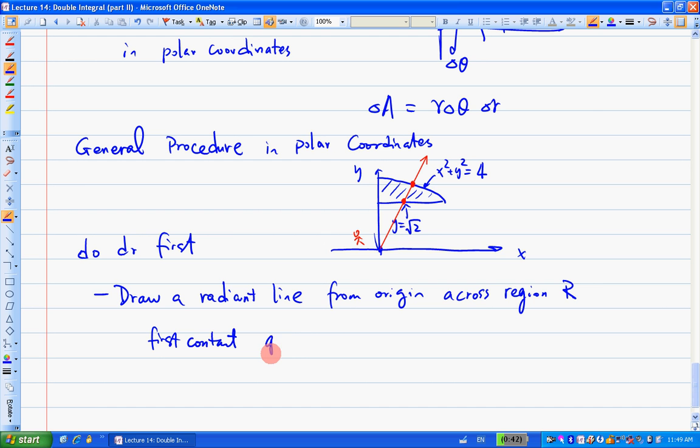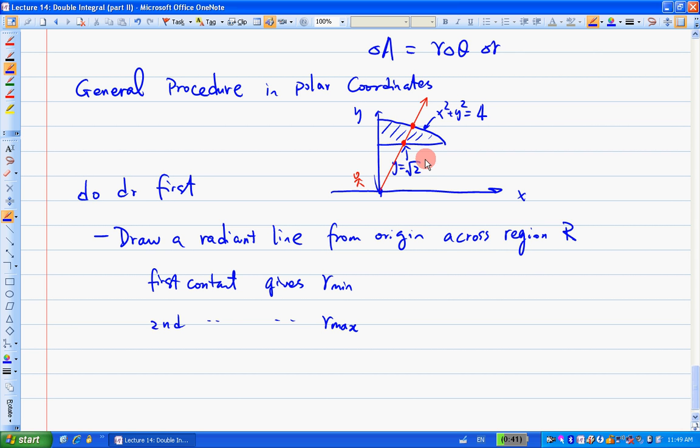First contact gives r min, and second contact gives r max. Is that clear?